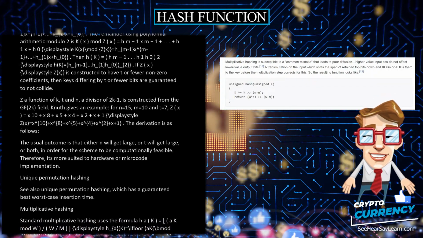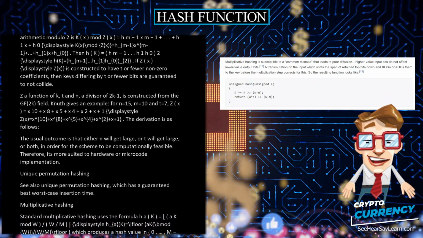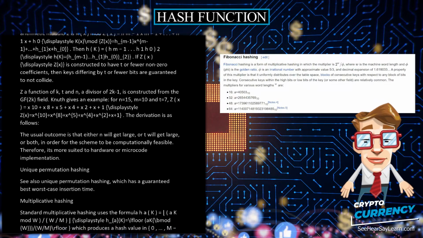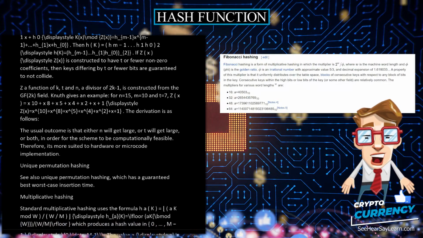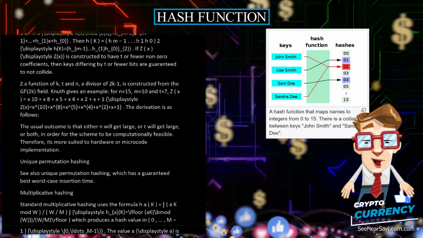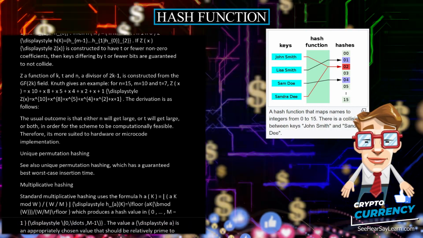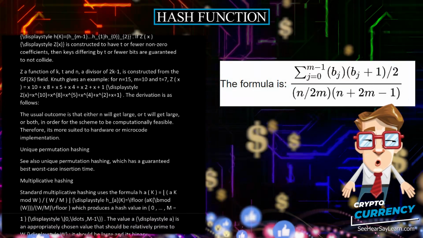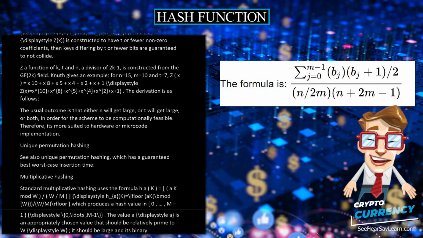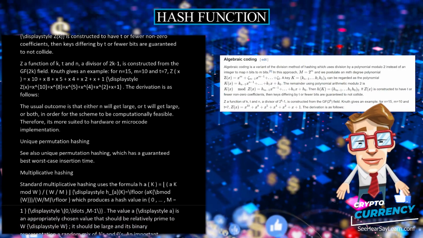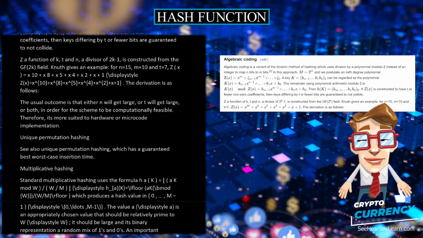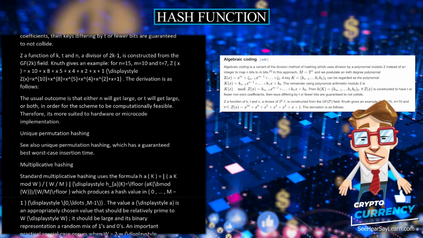Multiplicative hashing. Standard multiplicative hashing uses the formula h_a(k) = floor((ak mod W)/(W/m)), which produces a hash value in {0, ..., m-1}.